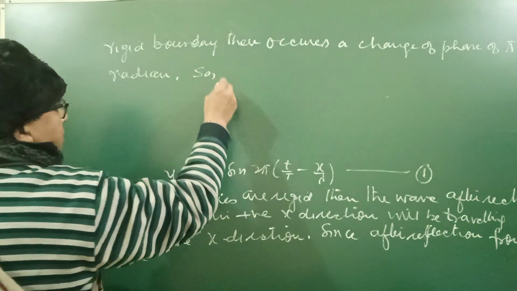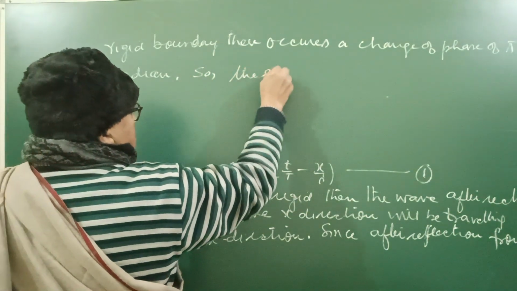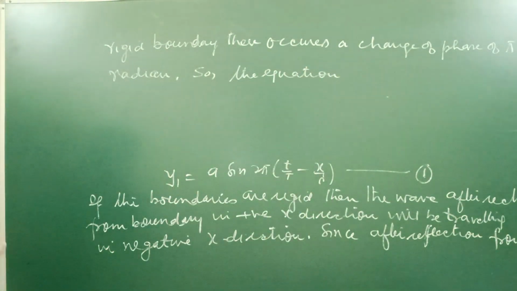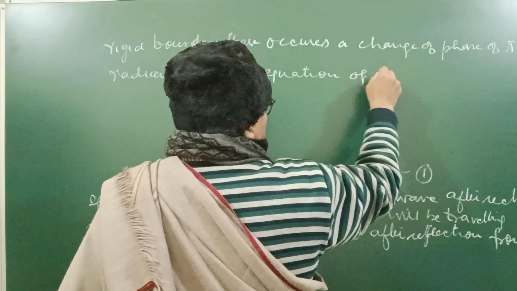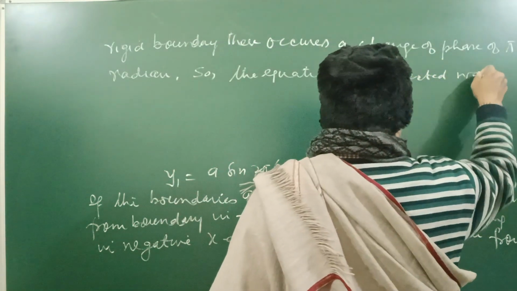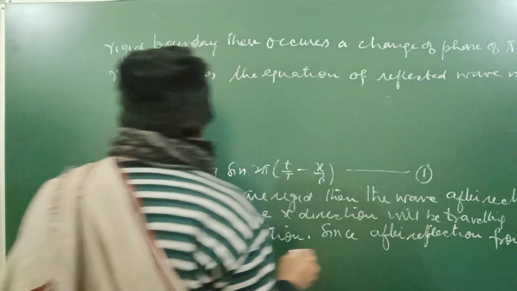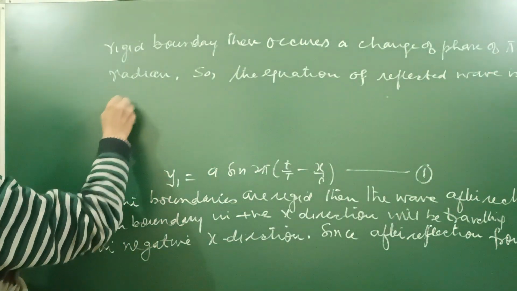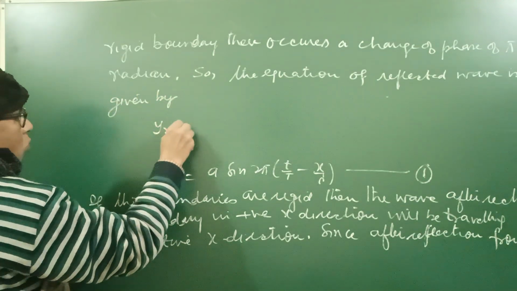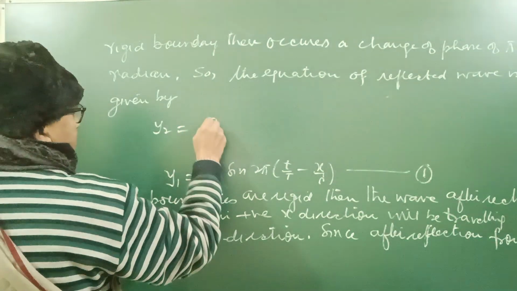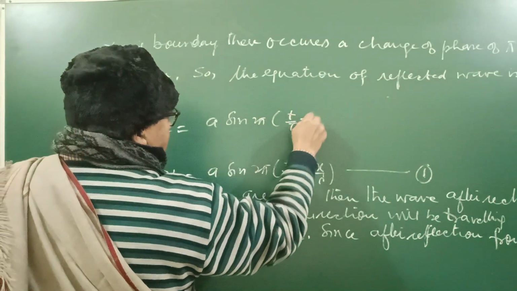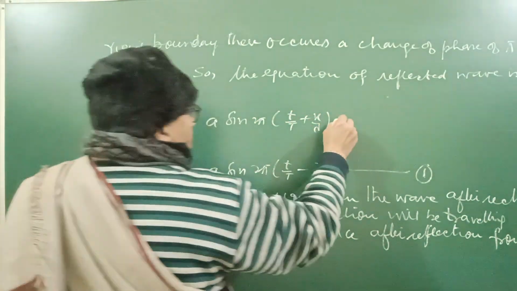So the equation of the reflected wave is given by y2 is equal to a sine 2 pi t upon T plus x upon lambda plus pi.